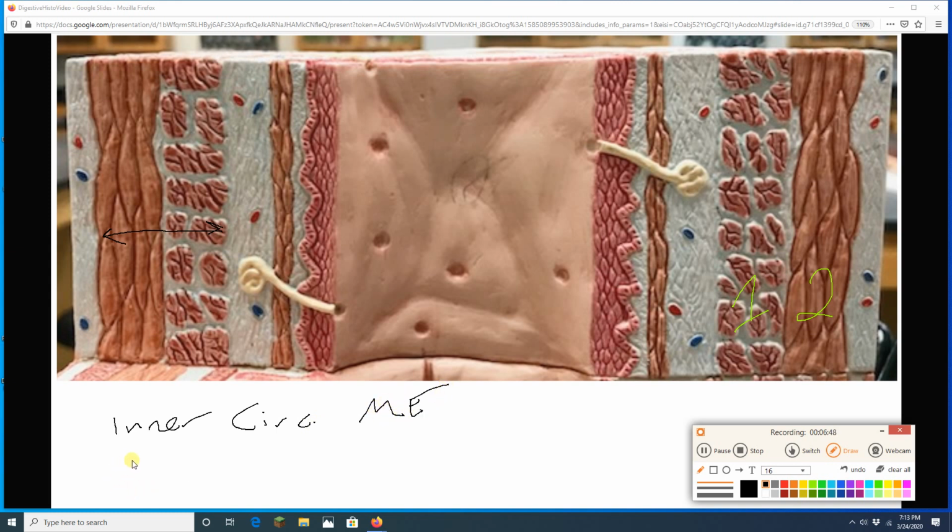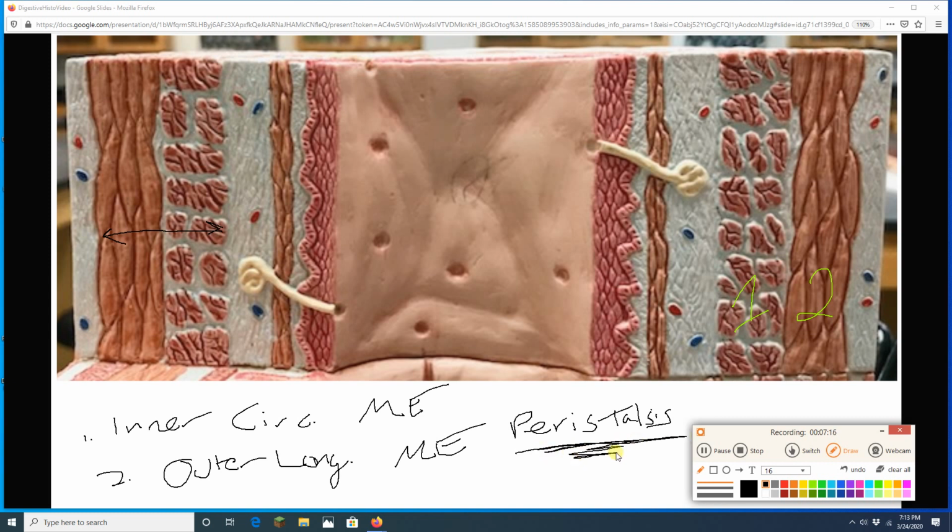The next one, number two, is going to be the outer longitudinal Muscularis Externa. Basically, I'm going to give you a one-word job of what they do. They are involved in peristalsis. Yeah, moving stuff through that digestive tube.